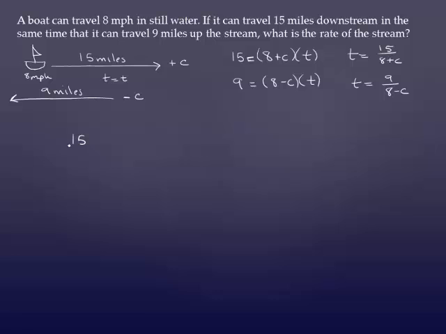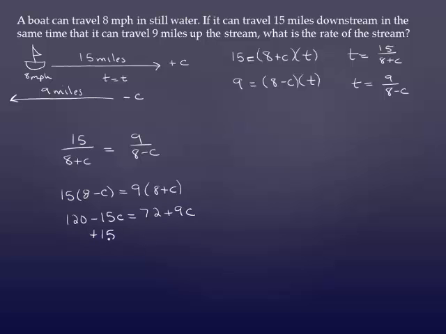And so I'll want to set those two things equal to each other, and then cross multiply.